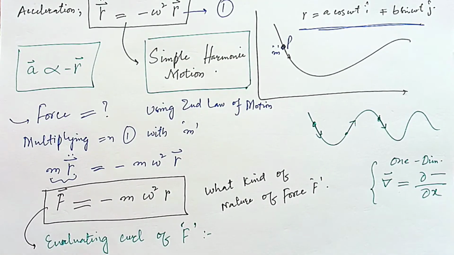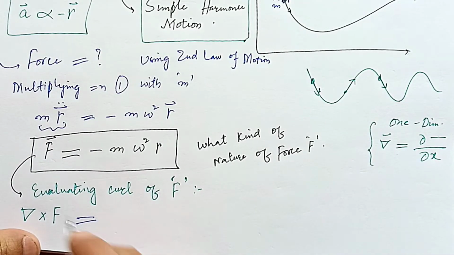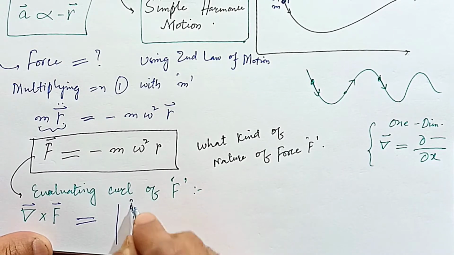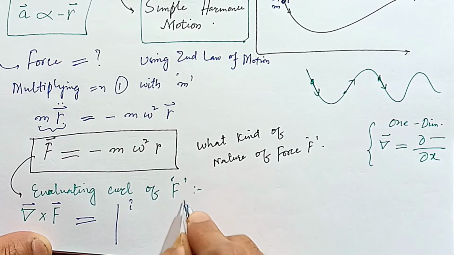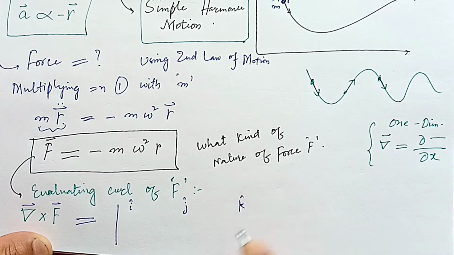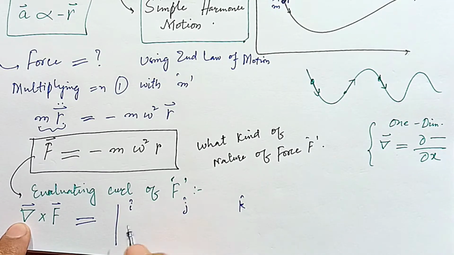And for example, in the three-dimensional case, the curl is given by the determinant of these vectors: i along the x-axis, j along the y-axis, and k along the z-axis. What is the i component of this very delta?